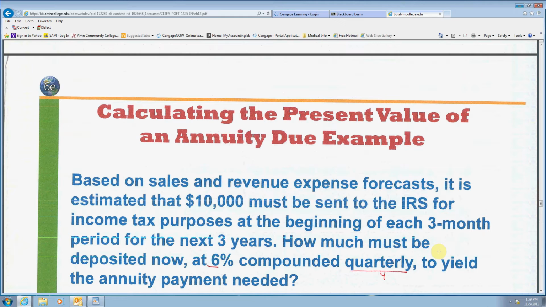How much must be deposited now at 6% compounded quarterly to yield the annuity payment needed? So use your steps that we went over, pause the presentation, and figure your answer.